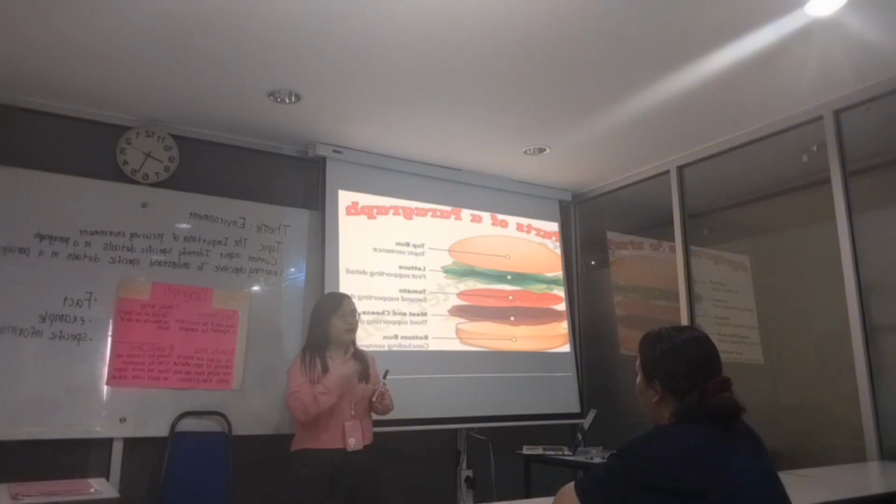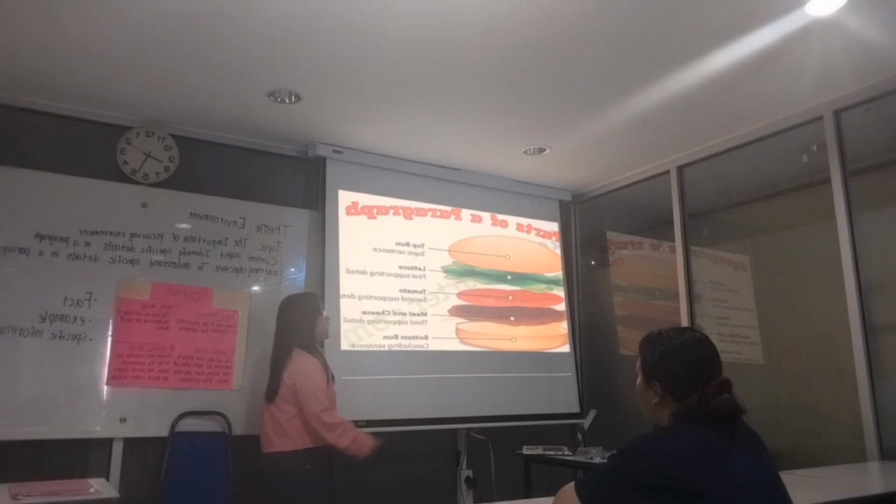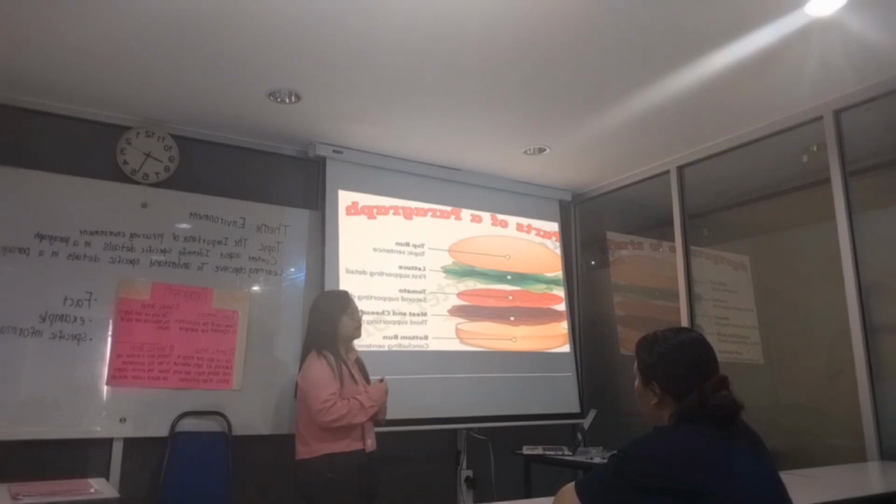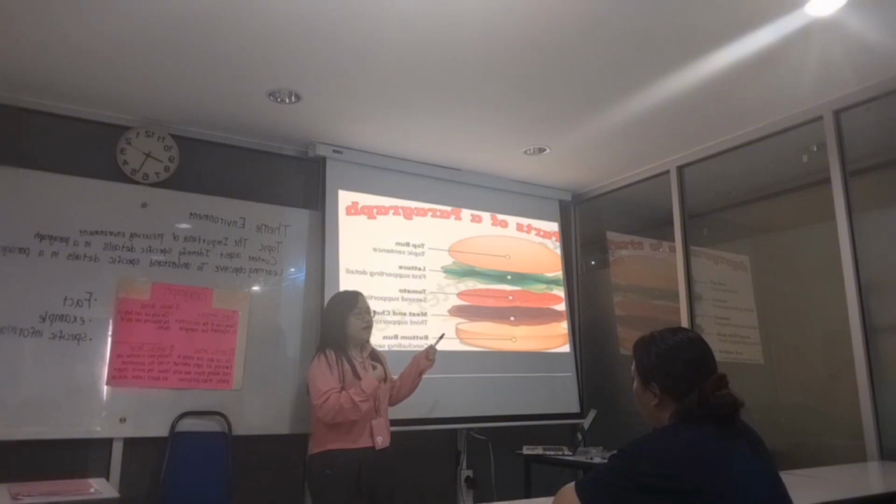In order to write a paragraph, we have to know what the main idea is. Okay, after we learn how to write a topic sentence, we're going to learn how to identify or write the information that we have to write in order to write specific detail.